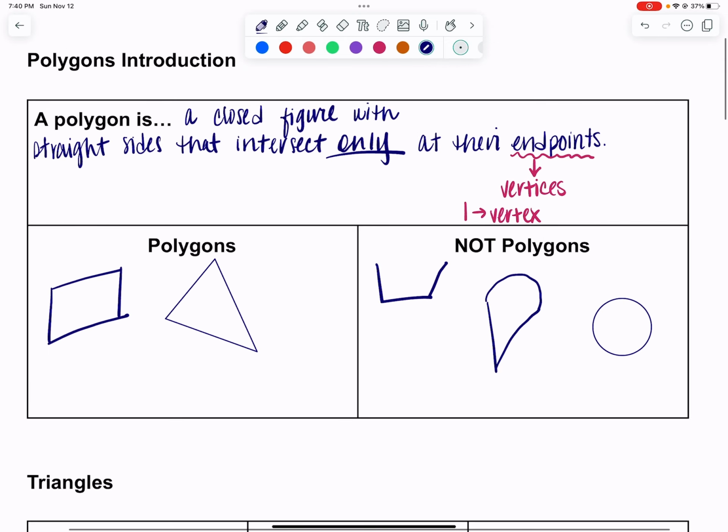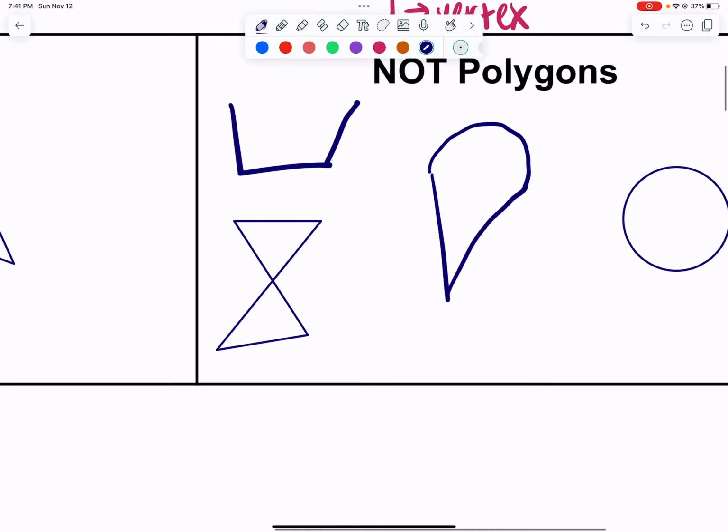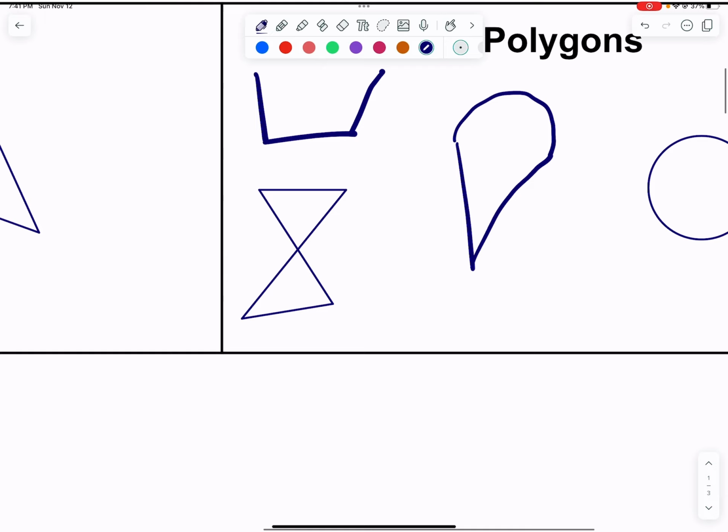Now this last part says that the sides only intersect at their endpoints. What does that mean? Well, this is what that means. This means that you cannot have a shape that looks like this. There we go. I do have a closed figure. That thing is not going to catch water.